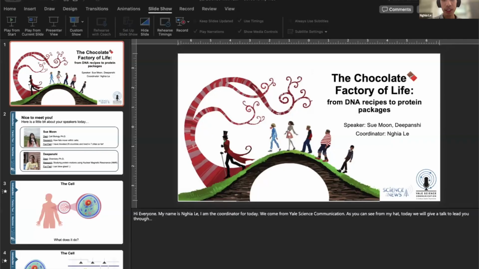And so to understand the function of the cell and all of its compartments, we can have a really useful analogy of the cell to a chocolate factory. And in this sense, then, the cell is a factory that produces chocolates in all different flavors, different sizes, different properties that are sent to customers throughout the body.